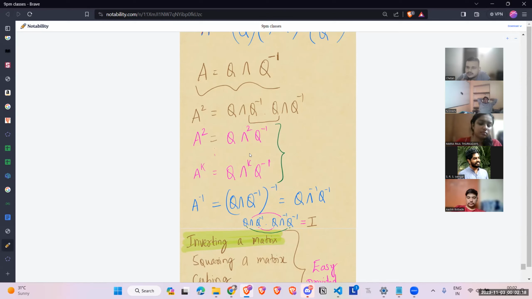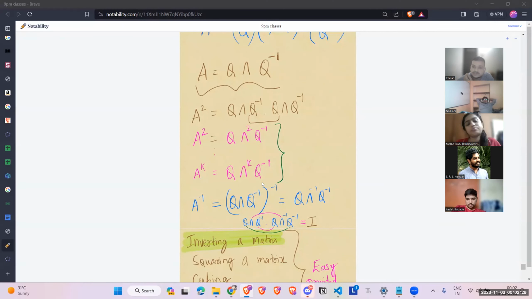It also benefits us if we want to take the inverse of it. If we want to take the inverse of the matrix, it becomes easy because there's this nice property of diagonal matrices: when you are taking the inverse of a diagonal matrix, it suffices to take the inverse of the diagonal entries only.